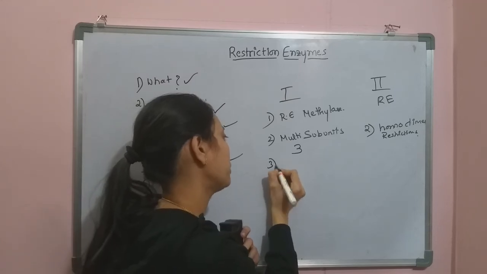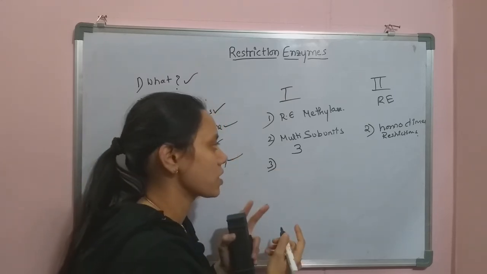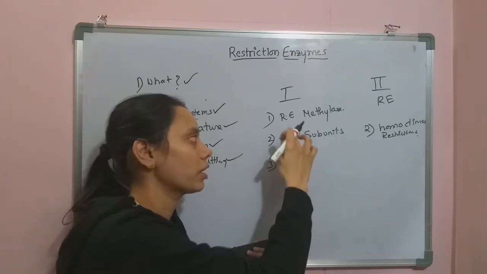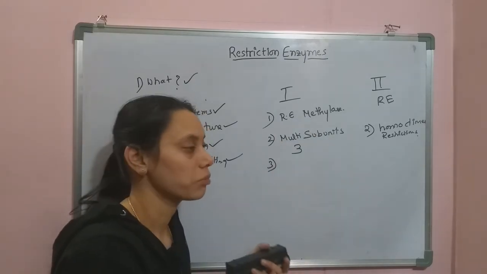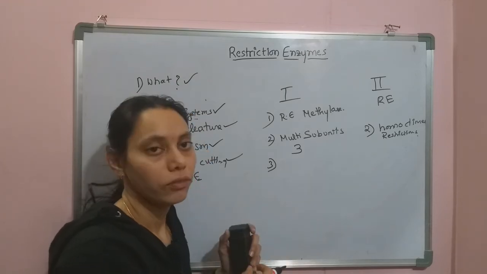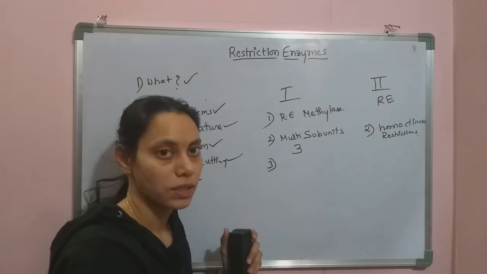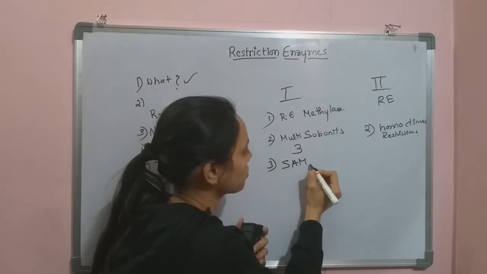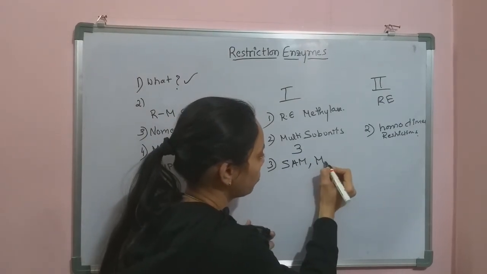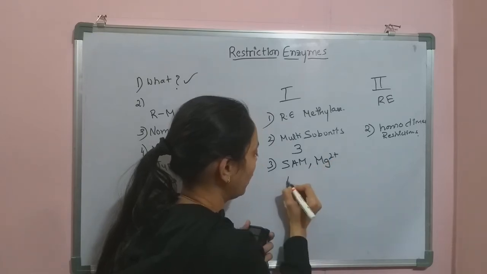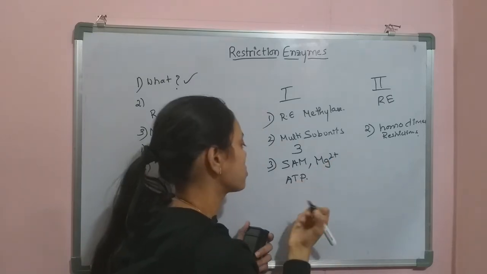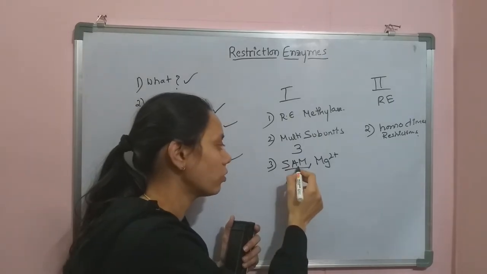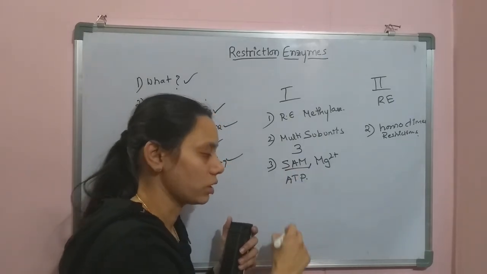Coming to the next point, type 1 enzymes, as we already discussed, have restriction enzyme activity and methylase activity. That means they must have different cofactors accordingly: SAM, Mg2+ and ATP. SAM is nothing but S-adenosyl methionine.